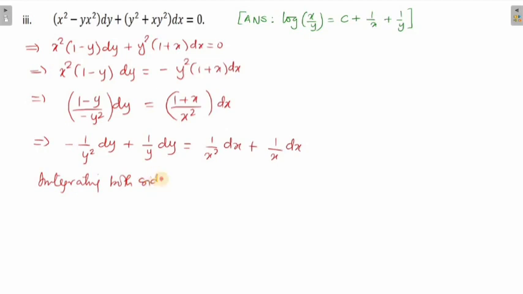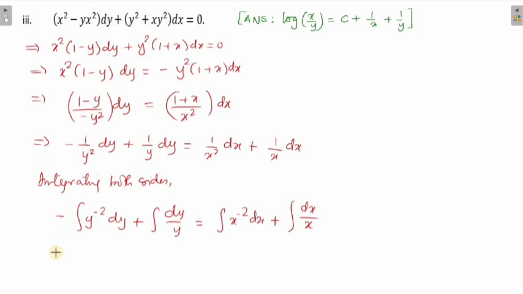let's see how much we get. So can I write this as minus integral y to the power minus 2 dy? Obviously. Can I write this as integral dy by y? Obviously. Similarly, this can be written as integral x to the power minus 2 dx, plus this can be written as integral dx by x. Simple.